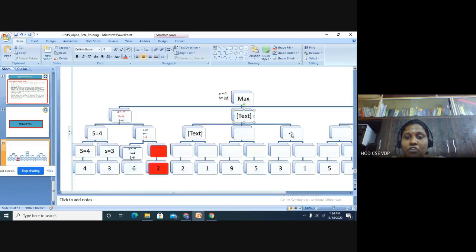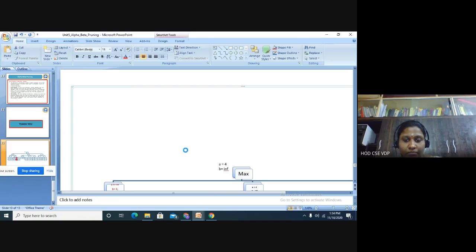So now what I should do, as per my DFS strategy, I have to take down this value of alpha and beta, and I have to come down, right? So when I come down, what happens here? This value is brought down here, and while coming to the child node, I am using the same values of alpha and beta, right? Then while coming down also, I am using the same.